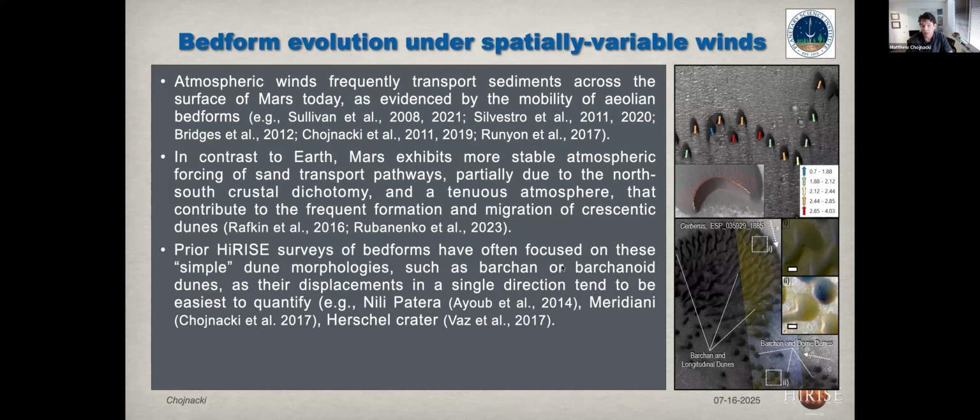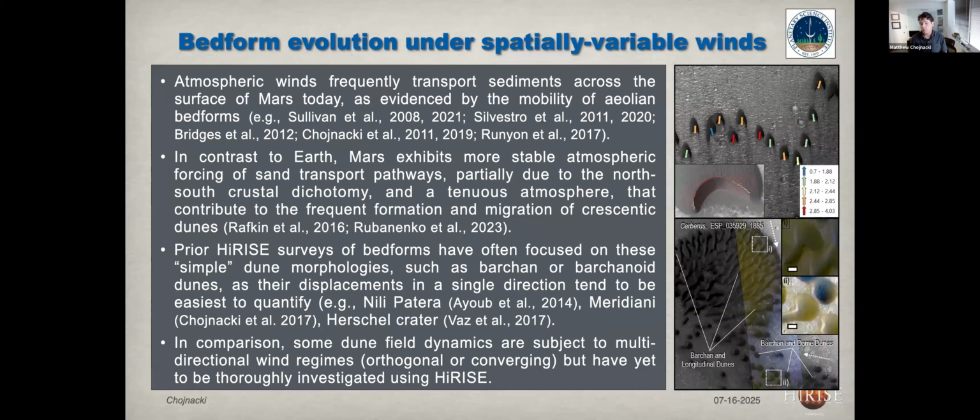Prior HiRISE surveys of bedforms have often focused on these simple dune morphologies that are barchan or barchanoid dunes, because their displacements are in a single direction and they tend to be the easiest to quantify, since Martian dunes migrate at a slower rate than they do on Earth.